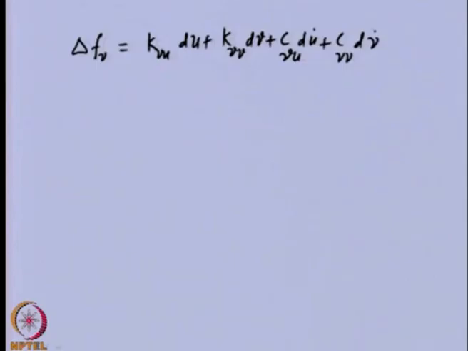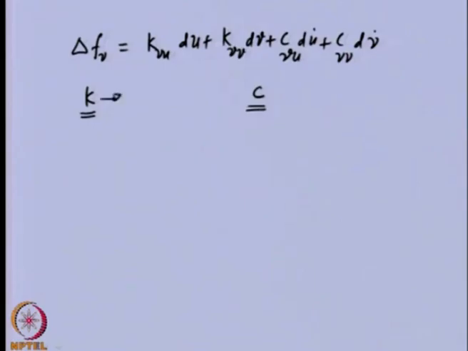So, you can see that the k and c we have represented show the change in the force for a small perturbation in the displacement, and the change in the force due to the change in the velocity.